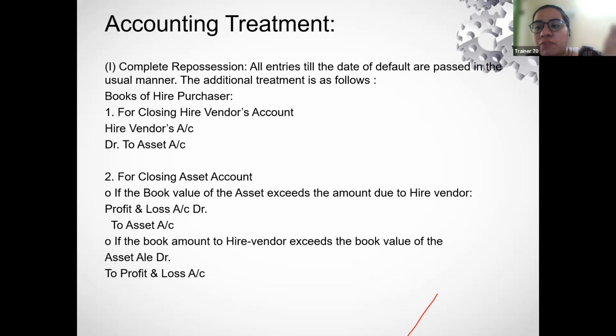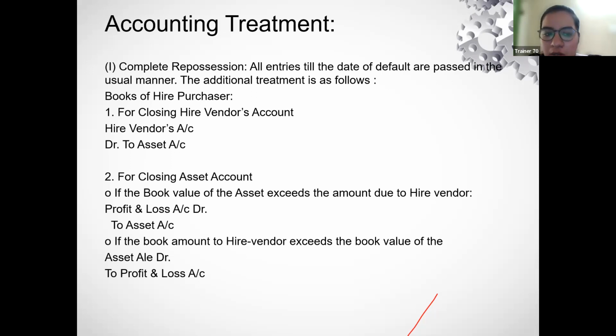After that, when the default happens, when I refuse to pay the installment, these entries will be passed. First, we will see in the books of hire purchaser. What entries will be passed? For closing the hire vendor's account. Obviously, if repossession is done, I have to close the account of the hire vendor. So, hire vendor account debit to asset account, the complete opposite entry, which we have done earlier.